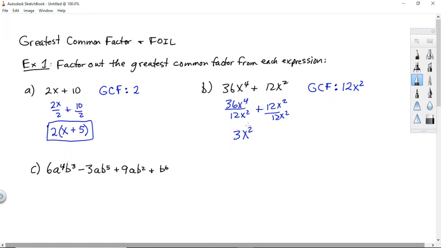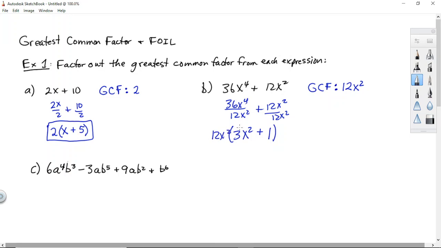So the exponent is 2. And that's the first term. The second term, 12 divided by 12 is 1. X squared divided by x squared is 1. That's just 1. And we factored out 12x squared, so we write it out front.